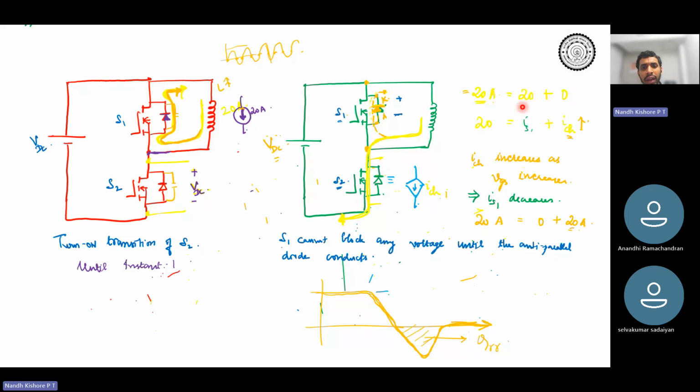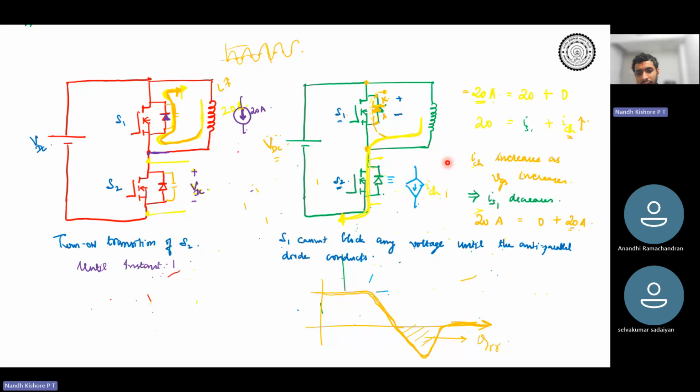Then as S2 turned on and started behaving like a controlled current source, as VGS increases, the current through this device increases. So the total 20 ampere gets split into some current through S2 and the remaining current through the antiparallel diode of S1. Your S2 gate source voltage went on increasing, therefore your channel current goes on increasing.